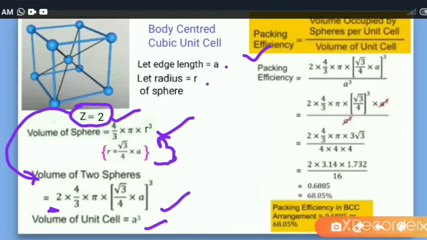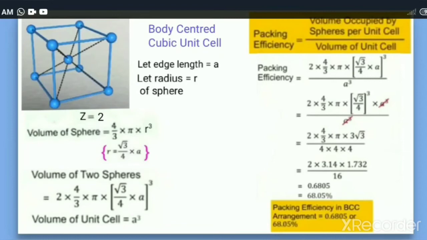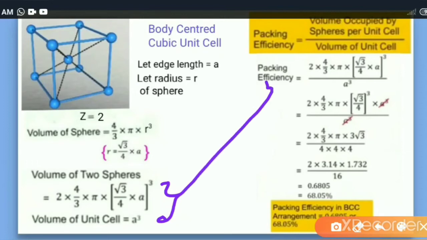Now let us substitute this value in the formula, that is volume of 2 spheres and volume of the unit cell, and we'll be getting this form.